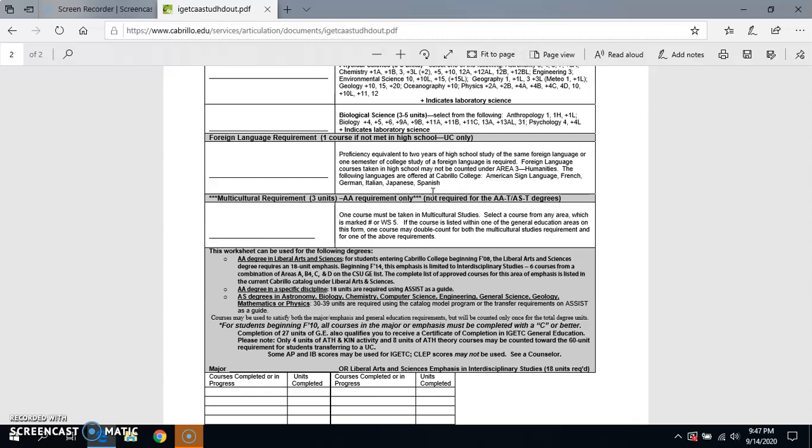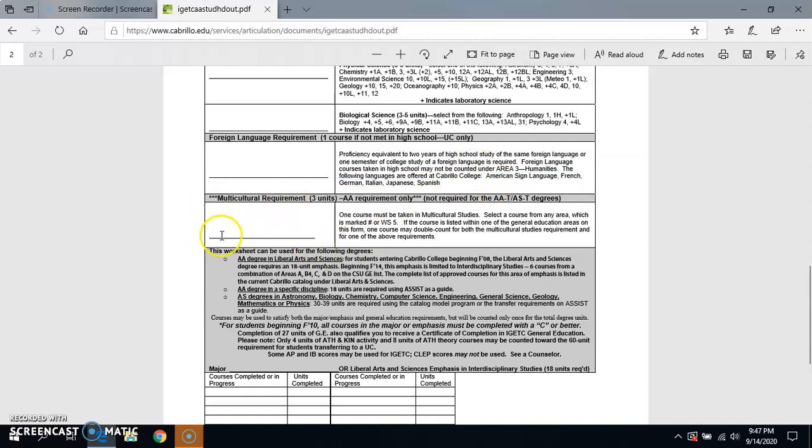You simply will connect with your high school and ask them to send Cabrillo an official transcript so that we can determine if you have that requirement. If you don't have 2 years of the same foreign language in high school, then you can fulfill that by taking a foreign language at Cabrillo. And down here, we tell you the different foreign languages we have at Cabrillo.